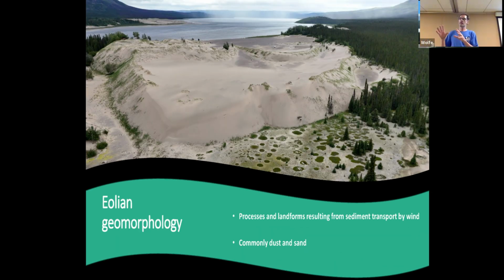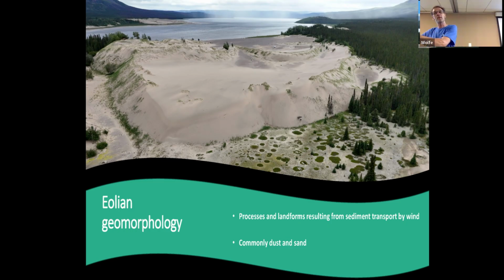With aeolian processes, I'm an aeolian geomorphologist, which means I study the shapes of things on Earth which are created by the processes of wind. And these are the landforms that are the result of sediment transport by wind, which could be dust, which produces what we call loess.